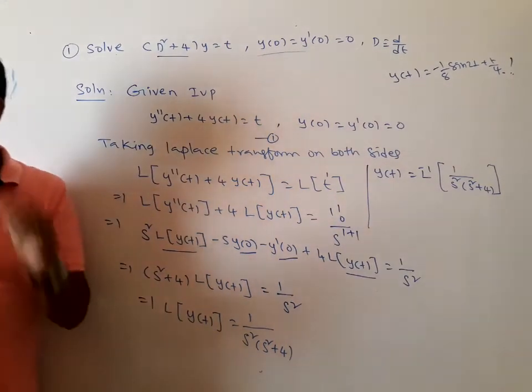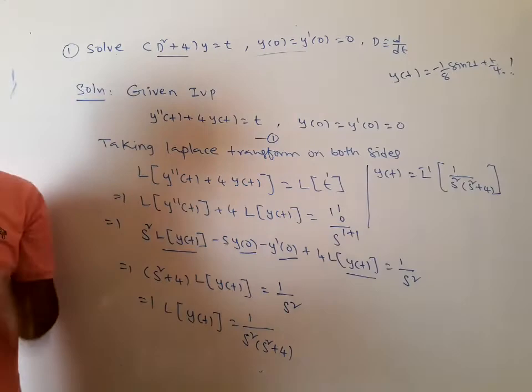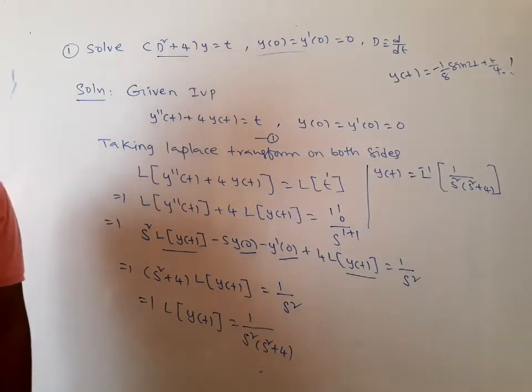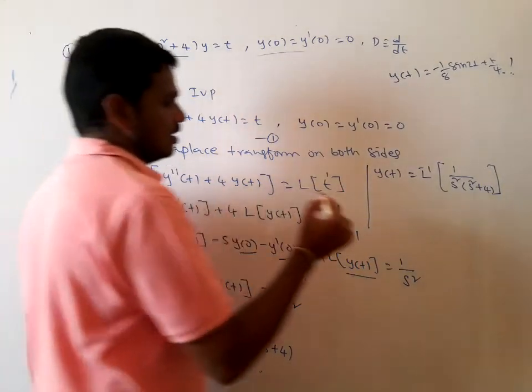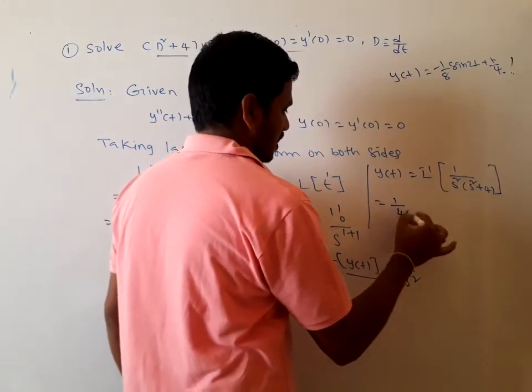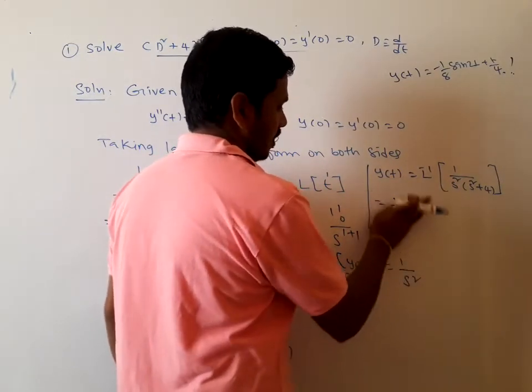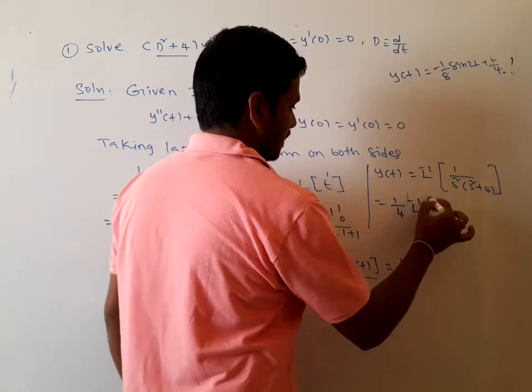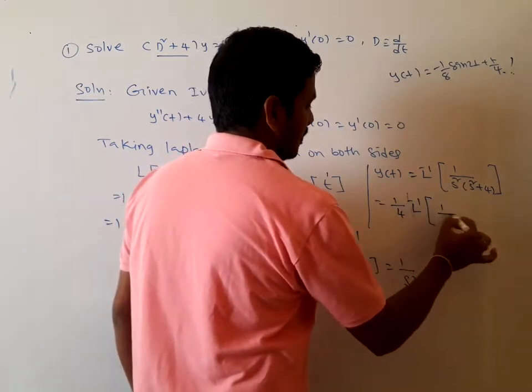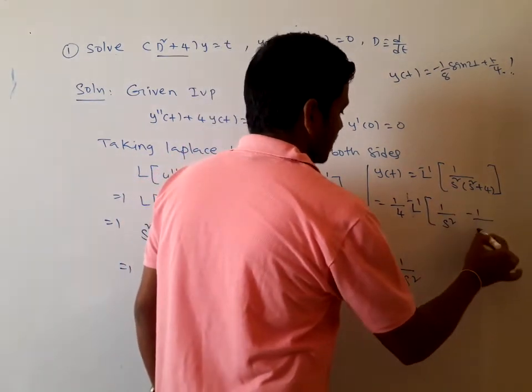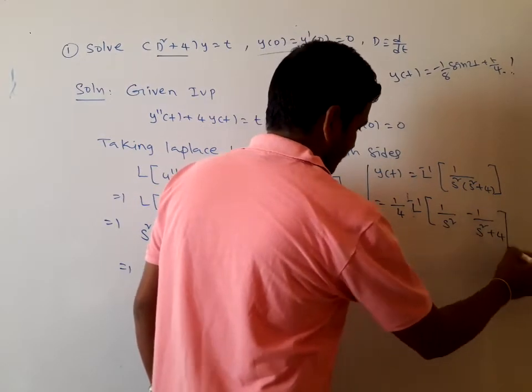Okay, so how are we going to write L inverse of 1 by s square into s square plus 4? This can be written as 1 by 4 L inverse of 1 by s square minus 1 by s square plus 4. Is it clear?